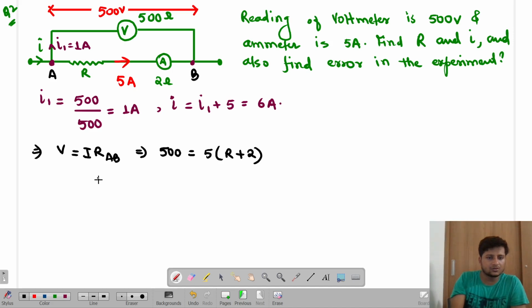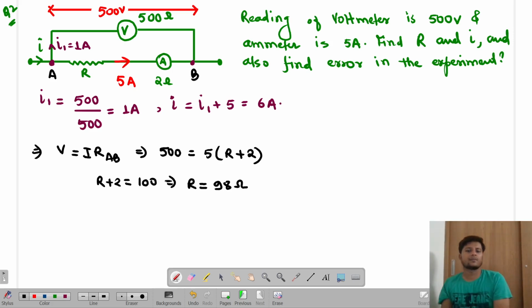So R plus 2 is equal to 100. This implies R is equal to 98 ohms. Now find the error in the experiment.